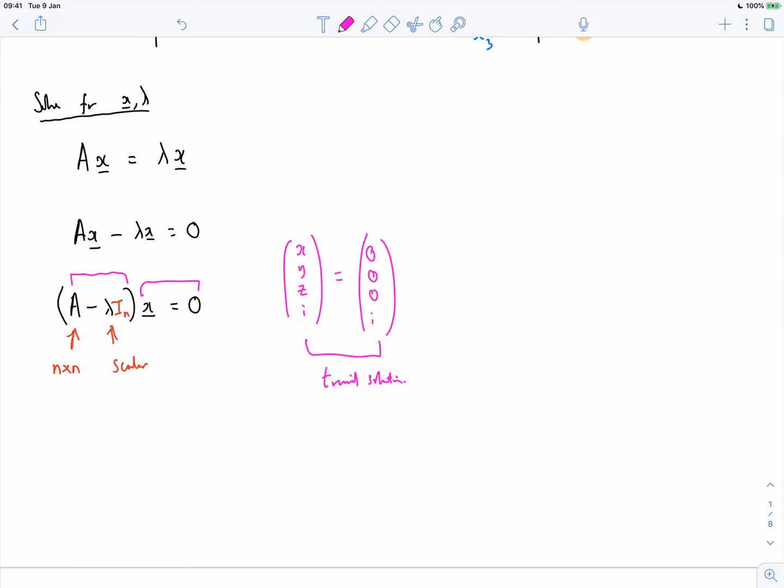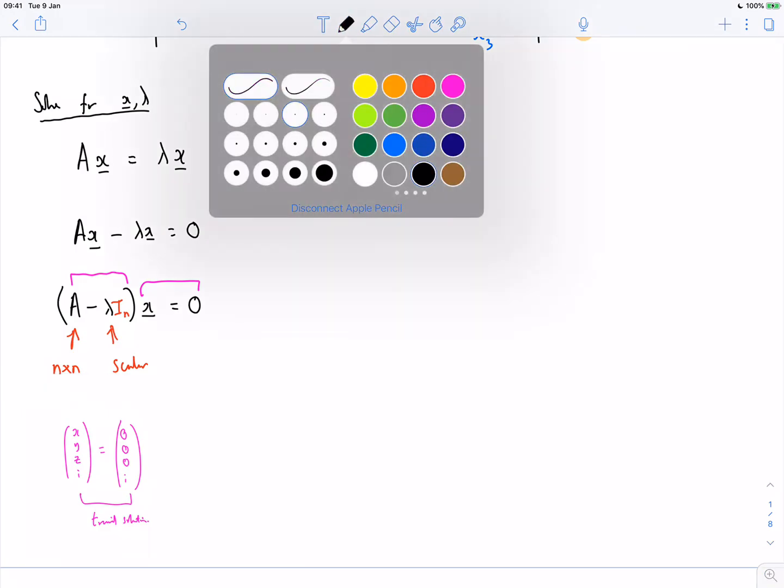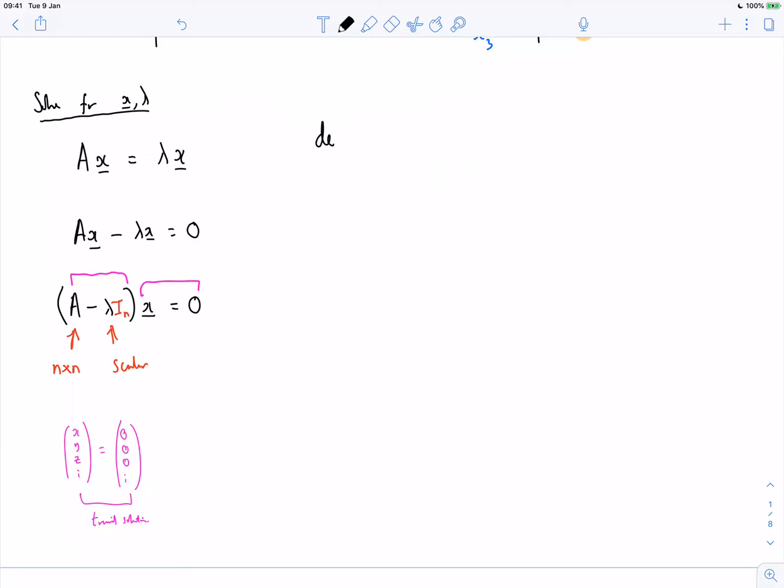Okay, and the way we're going to deal with this is the following. We are going to solve for the determinant of A minus lambda I_n and set that equal to 0. Okay, now why would we do that?